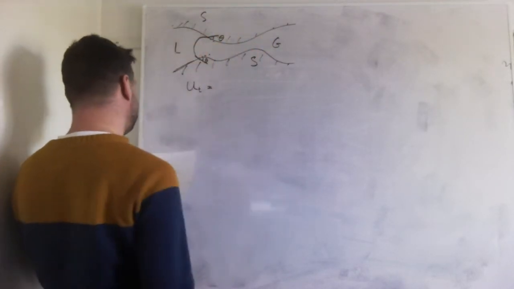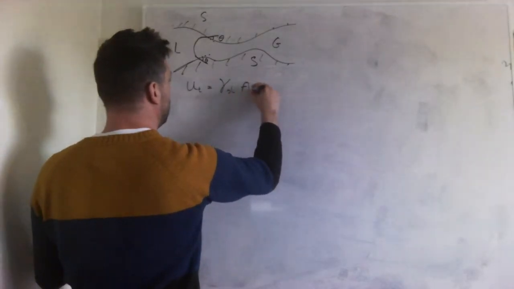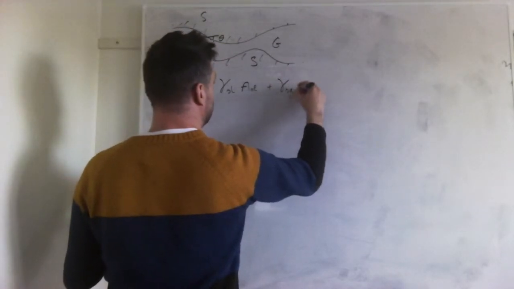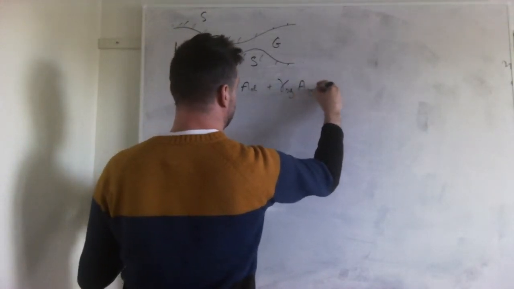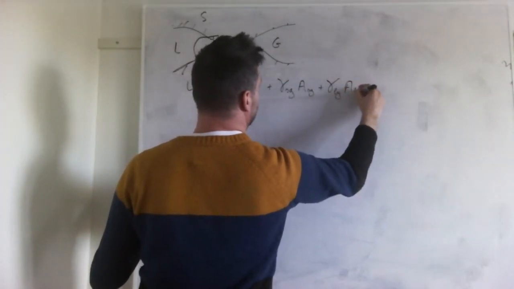So the total energy equals the surface energy of the wet surface times the area of the wet surface, plus the surface energy of the dry surface times the area of the dry surface, plus the surface energy of the liquid gas interface times its area.